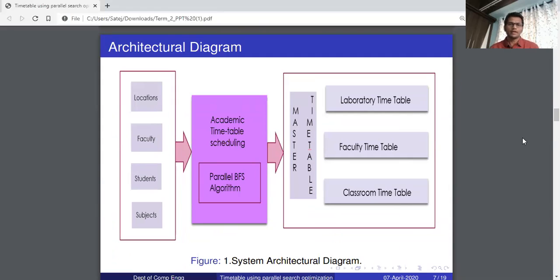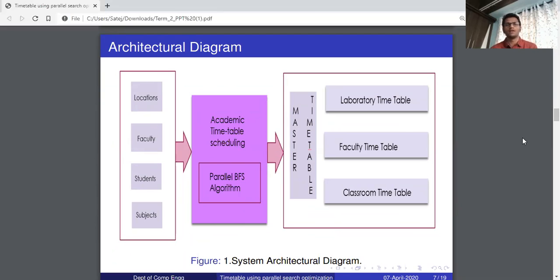In the architectural diagram, we are going to get input in the form of location, faculty, students, and subjects. These are the different constraints which we are going to use to generate a timetable. By using the parallel BFS algorithm, we are going to design a master timetable from these inputs.